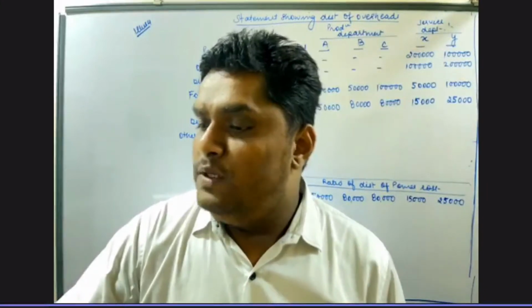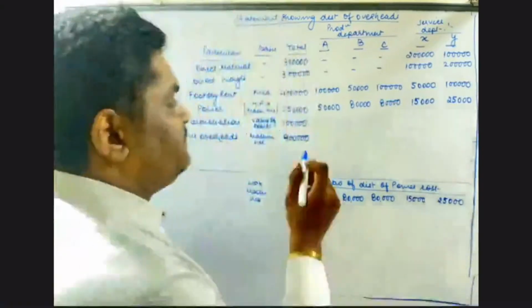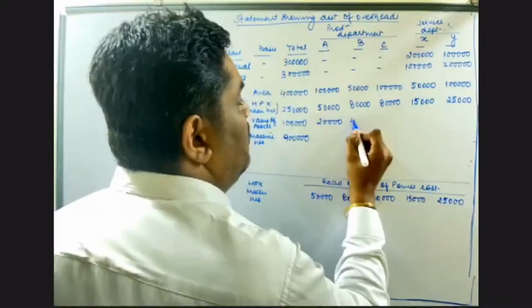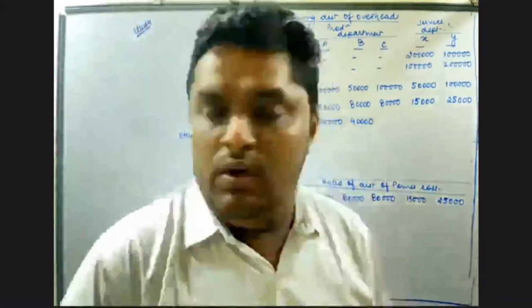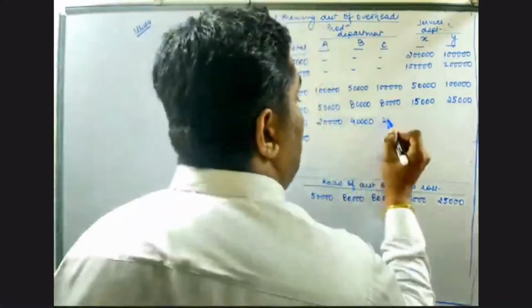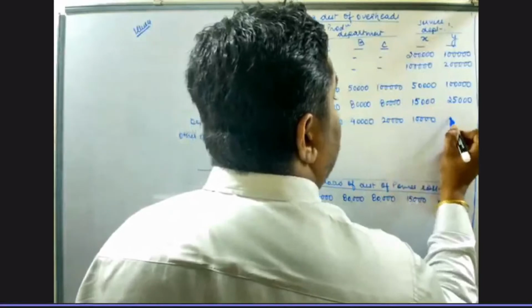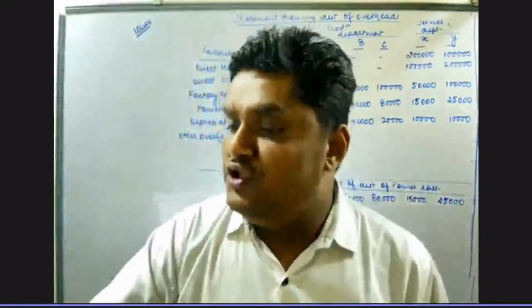So 4 plus 2 is 6, 7, 8, 9, 10. So this will be 20,000, 40,000, 20,000, 10,000 and 10,000. When talking about other overheads, it will be distributed in the ratio of machine hours.